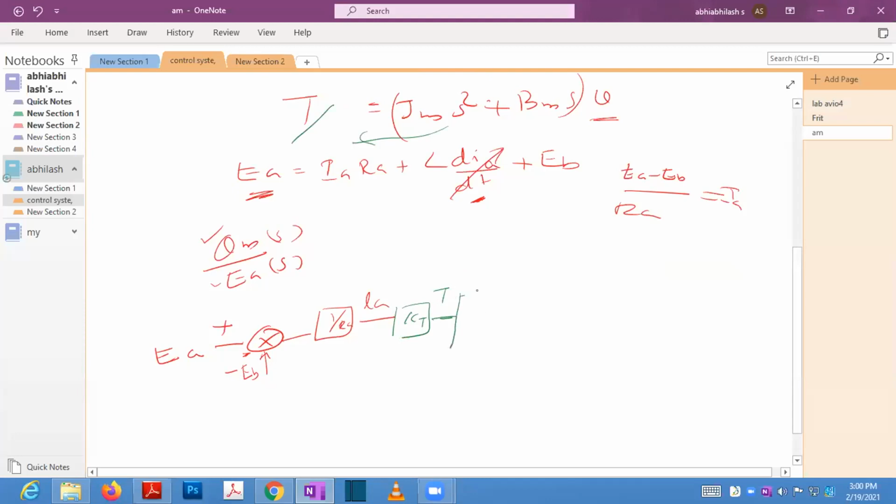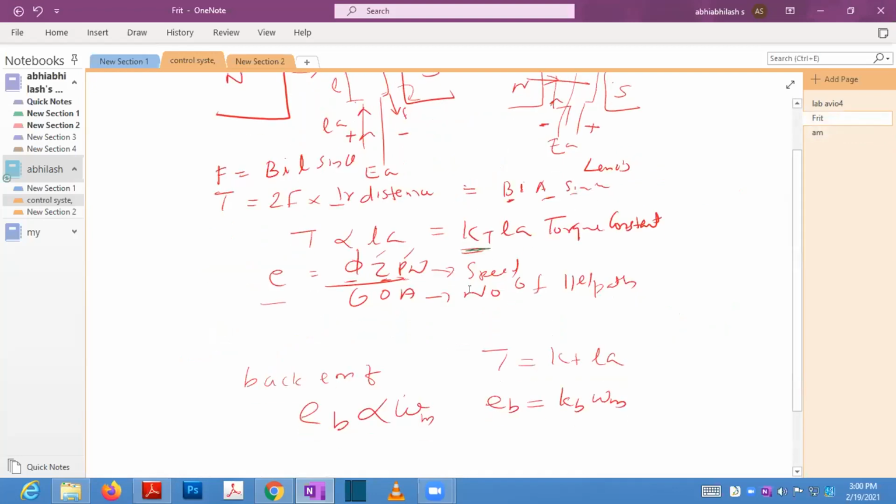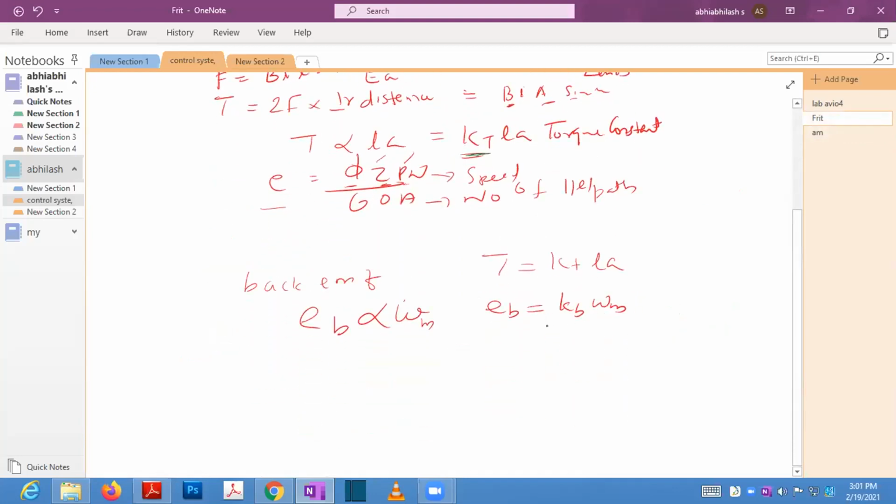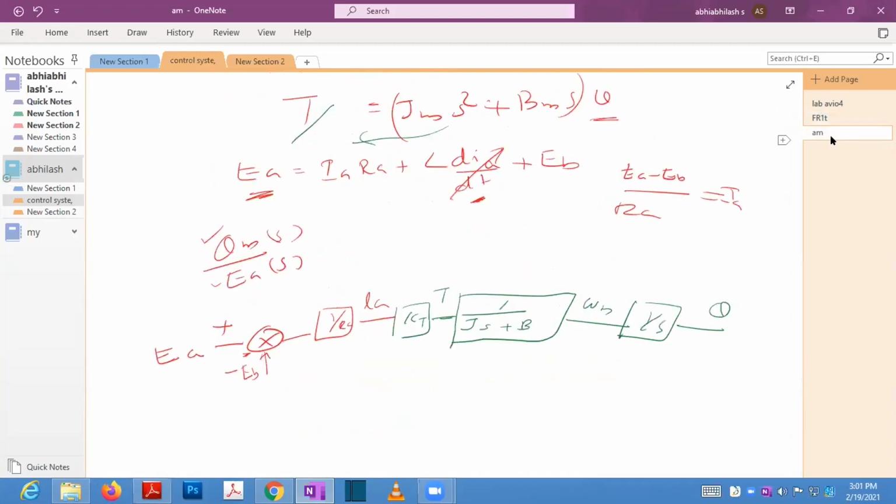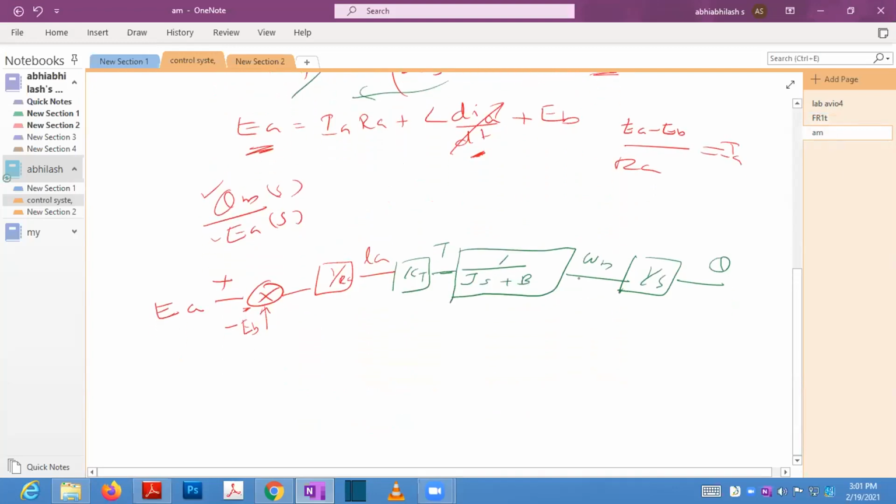So I am just dividing that into two: 1 by Js plus B, then I will get omega m, and integrating with 1 by s, I will get theta. This s I have taken as common because Eb is equal to Kb into omega m. So I want to multiply Kb with omega m, so I am dividing these things into two. From this omega m, multiplying by Kb will get Eb.